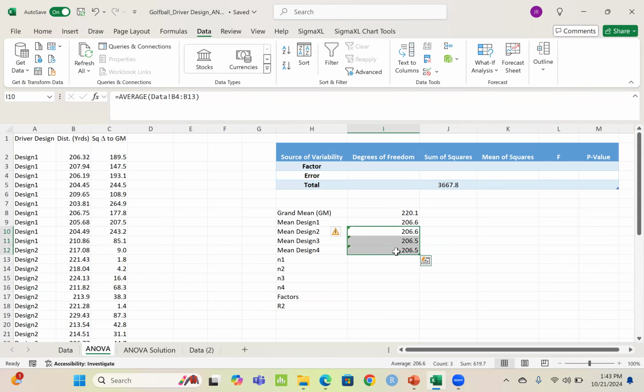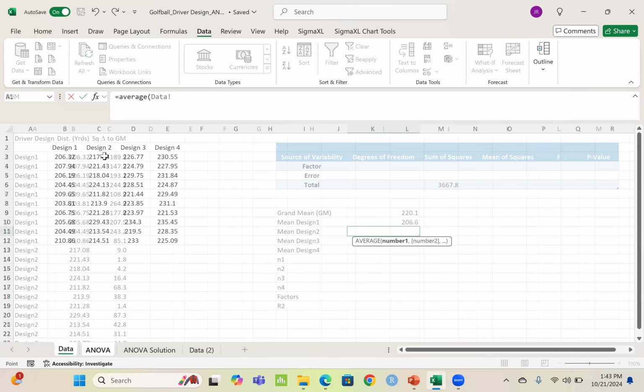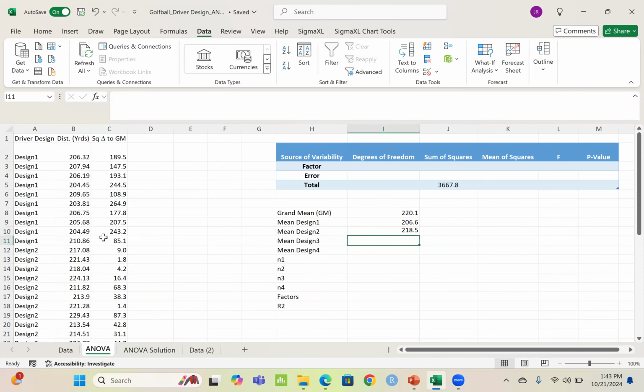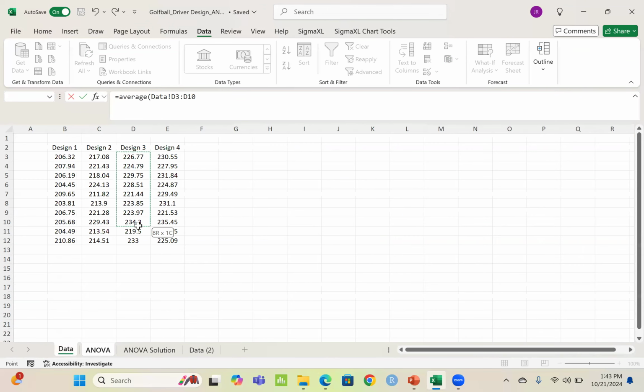And I think this will work if I just do this. No, it actually didn't. So I'm going to calculate then the average for the mean of this design. And then here will be the average for the mean of this third design over here.